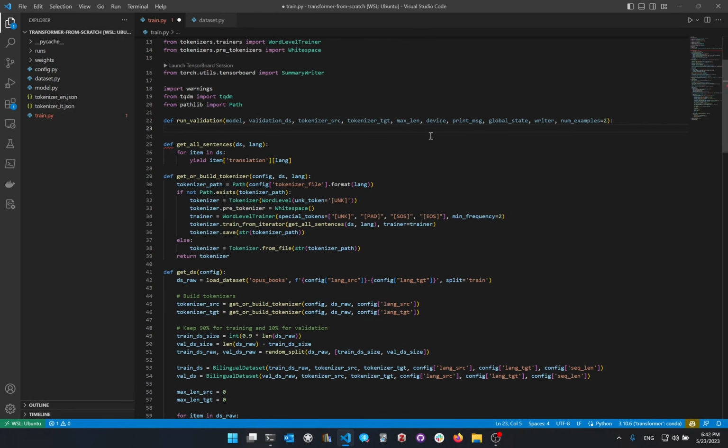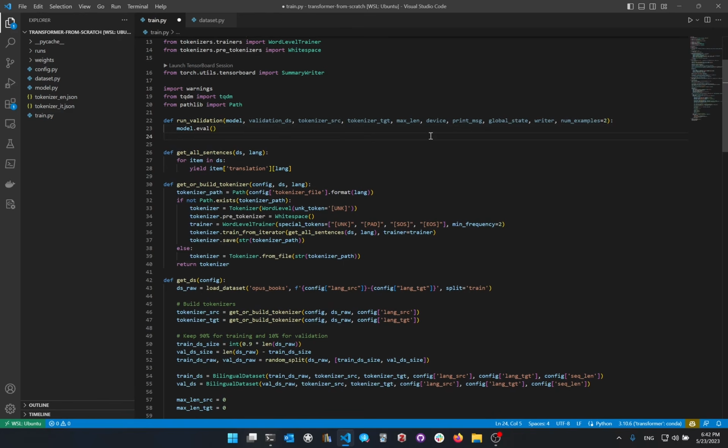Okay, the first thing we do to run the validation is we put our model into evaluation mode. So we do model.eval, and this tells PyTorch that we are going to evaluate our model. And then we will inference two sentences and see what is the output of the model.